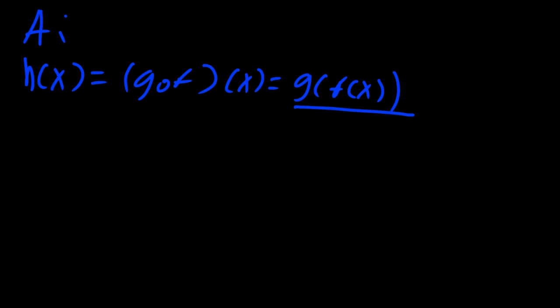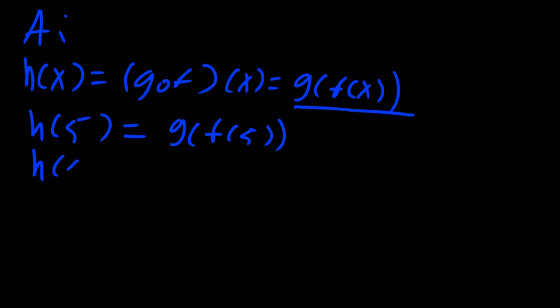So they want us to find h of 5. So you're just going to plug in 5 for x. Okay, so now we need to find f of 5. So based on the table, f of 5 is equal to 34. So h of 5 is equal to g of 34.